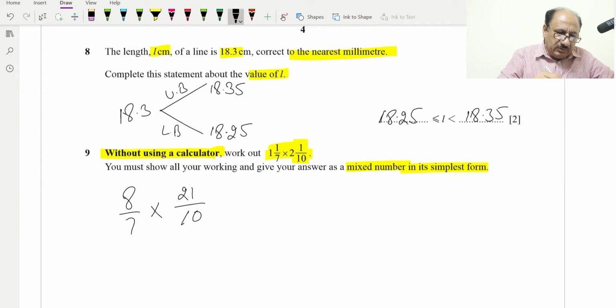Now we can cancel. For cancellation, 7 ones are 7, 7 threes are 21, and 2 fours are 8, 2 fives are 10. Now we can multiply numerators. 4 into 3 will be 12 and divided by 1 into 5 will be 5.